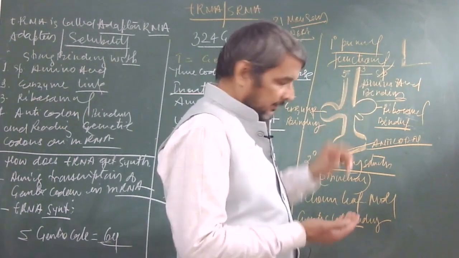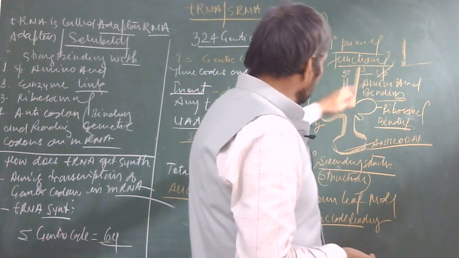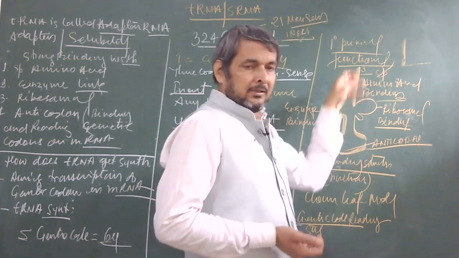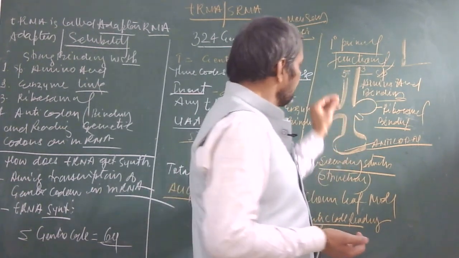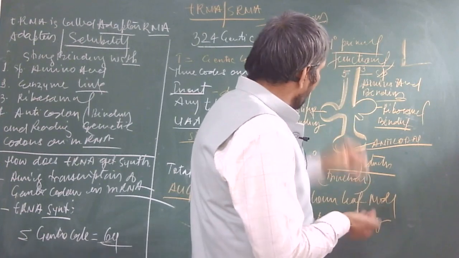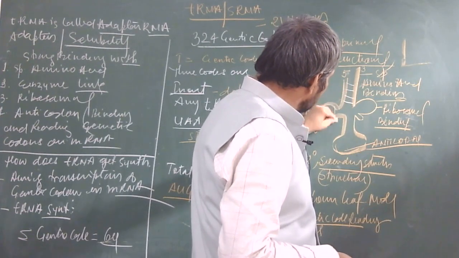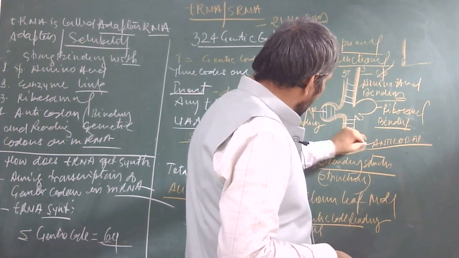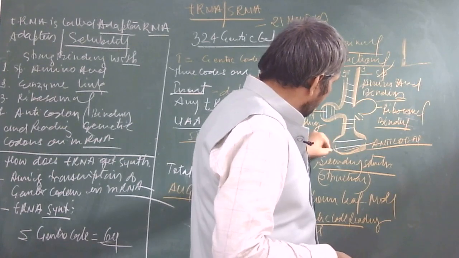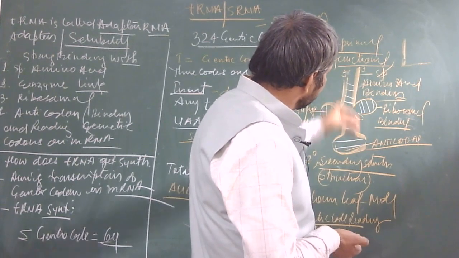Why is the clover leaf structure very stable as compared to the L structure? Due to enfolding of the chain of transfer RNA from 5' to 3', slight hydrogen bonds are formed, like in the DNA molecule, but these hydrogen bonds are not continuous and vigorous. Here you can see the hydrogen bonds formed, like this one.